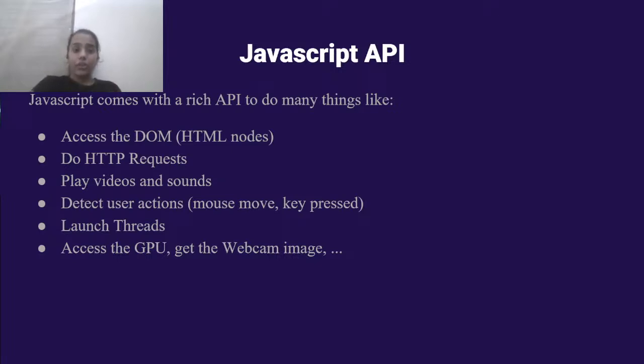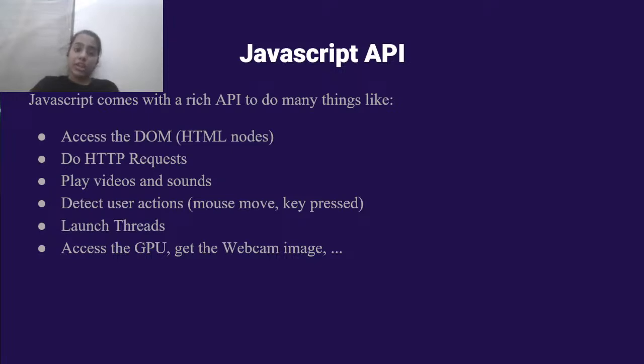AJAX, or Asynchronous JavaScript and XML API, enables you to make asynchronous network requests to fetch data from servers without reloading the entire page. The Web Storage API provides a way to store data locally in users' web browsers. It includes two storage mechanisms, local storage and session storage.